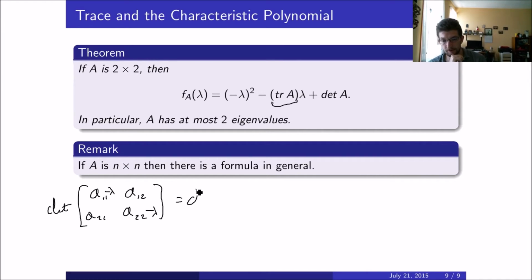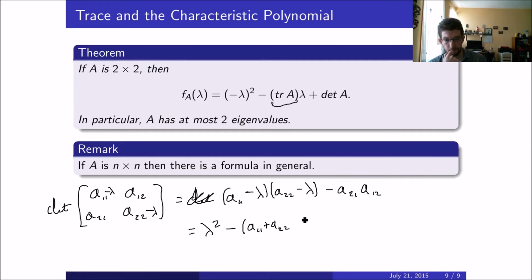This is equal to (A11 minus lambda)(A22 minus lambda) minus A21 A12. If I multiply this all out, this is equal to lambda squared minus (A11 plus A22) lambda, that's the trace, plus A11 A22 minus A21 A12.